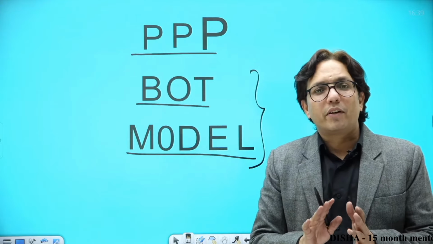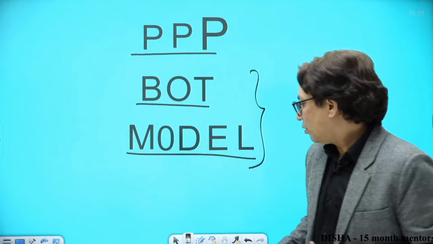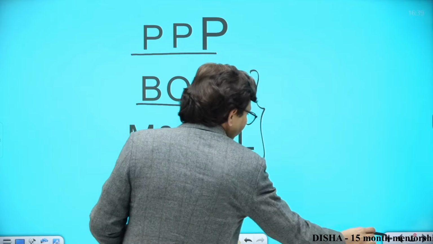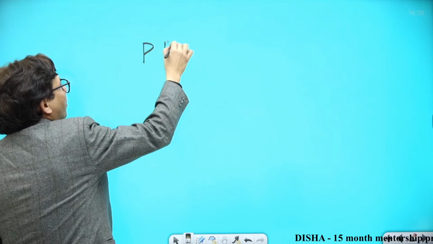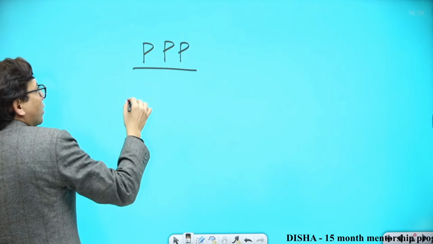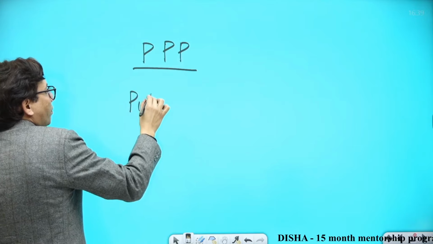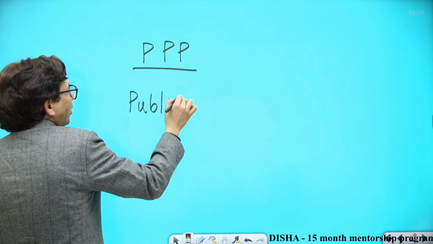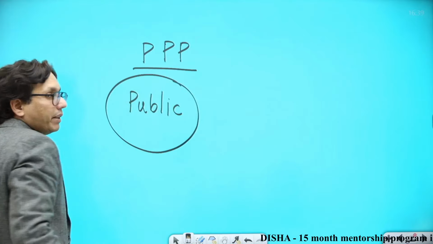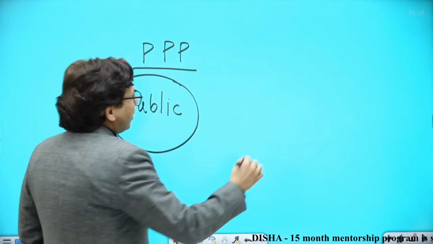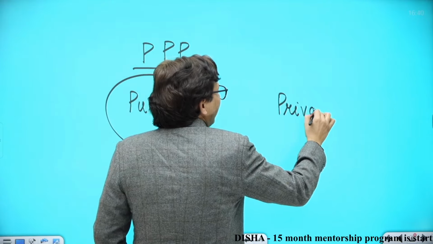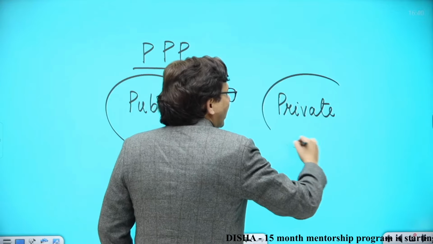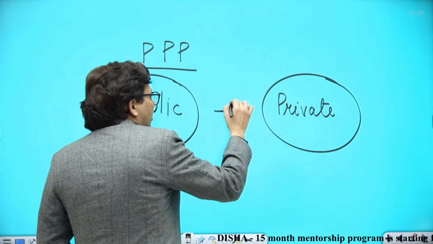First of all, what is public-private partnership? Look, if I talk about public-private partnership, here the public entity, when I say public entity, it means the government, and the private entity, that is any private enterprise. The private entity, they come together.